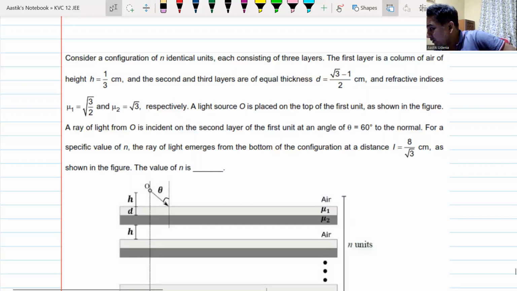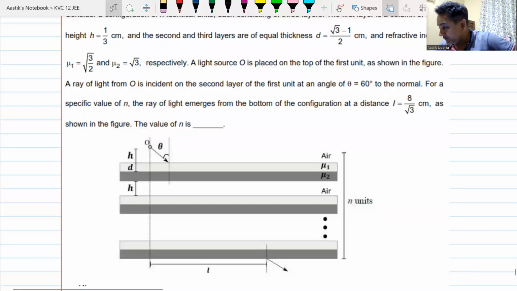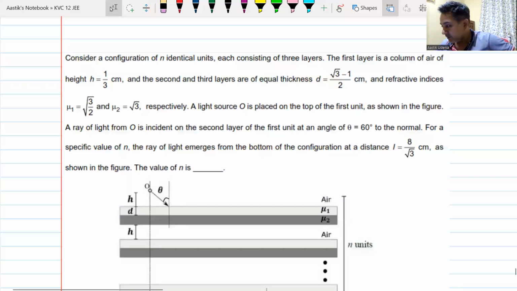And as you can see, the problem is very long. Do you know which year this problem has come, in which paper?